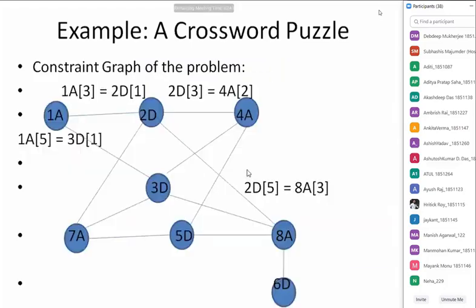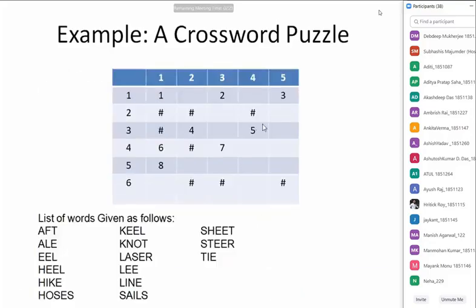So look, I have written, I think, one of them. The third letter of 2D must be the same as the second letter of 4 across. Likewise, I have written one more constraint here, 2D and 8A, remember? The fifth letter of 2D must be the third letter of 8 across.